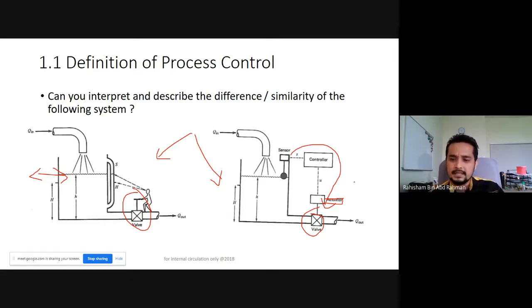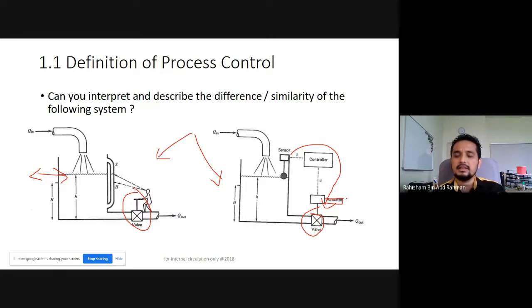It will transfer the signal into mechanical operations. It means that if the actuator receives a signal of 1 voltage, it knows that it needs to make a turn of 120 degrees, for example, or it needs to open this one half centimeter.